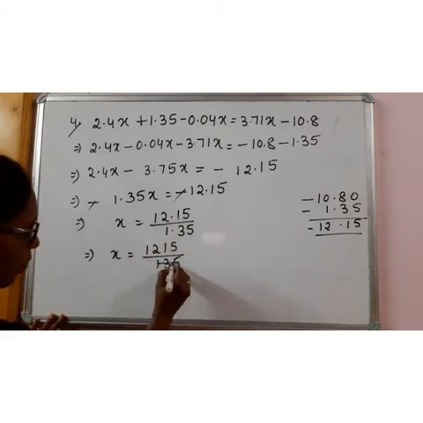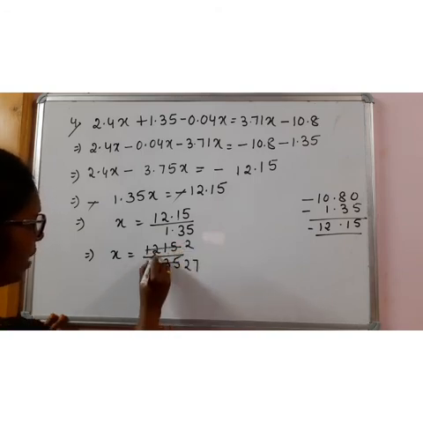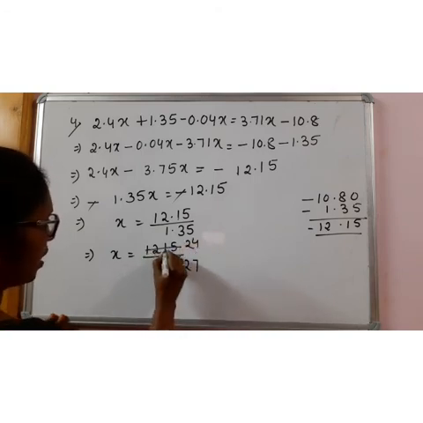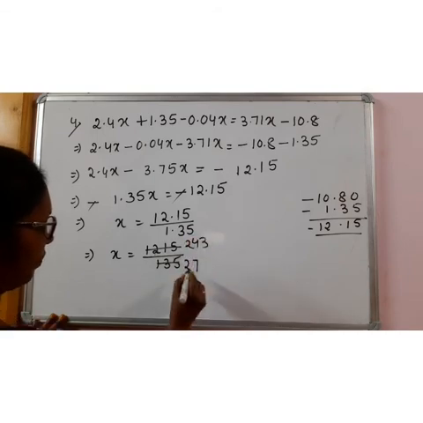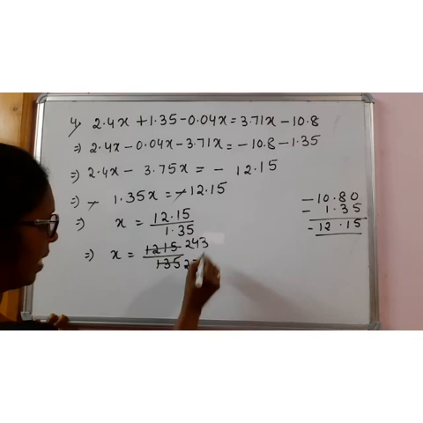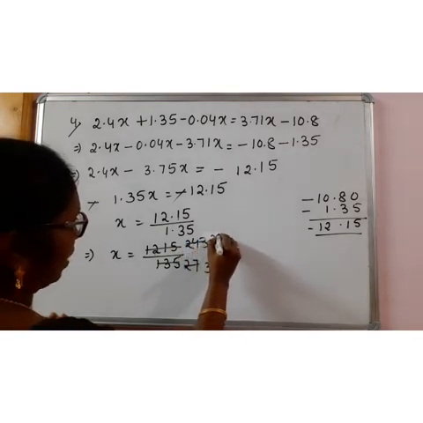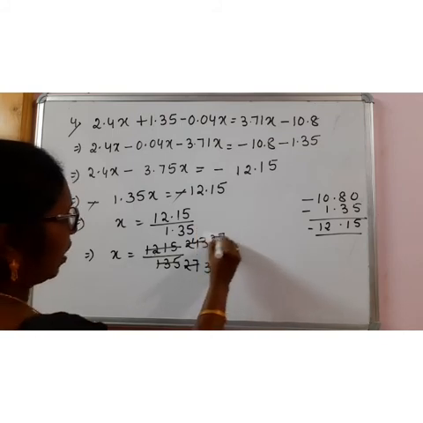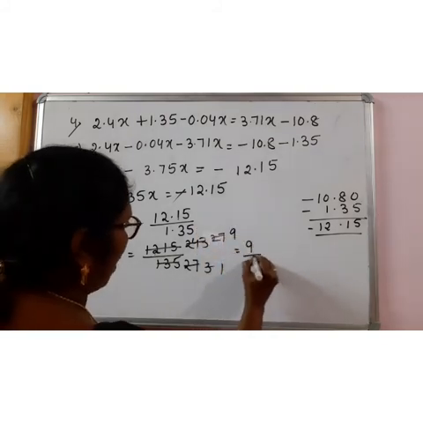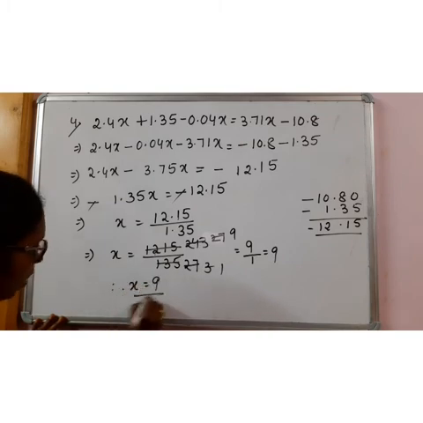Now both are divisible by 5. 5 twos are 10, 5 sevens are 35, 5 twos are 10, 5 fours are 20, 1, 5 threes are 15. Again, both are divisible by 9. 9 threes are 27, 9 twos are 18, 6 3, 9 sevens are 63, 3 ones are 3, 9 ones are 9. Therefore, x = 9.